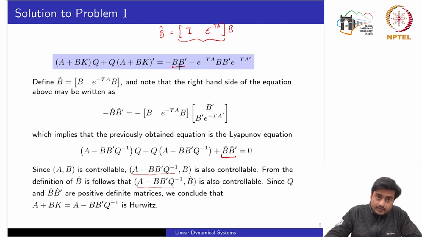It cannot be negative, right? Now this part, because of the exponential matrices, it would always be positive definite. So if I add a positive semi definite matrix to a positive definite matrix, the resultant would always be positive definite, right? Because of this, we conclude that this matrix would always be a Hurwitz matrix.